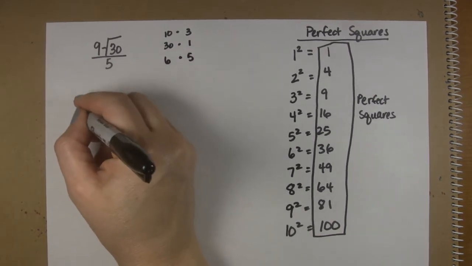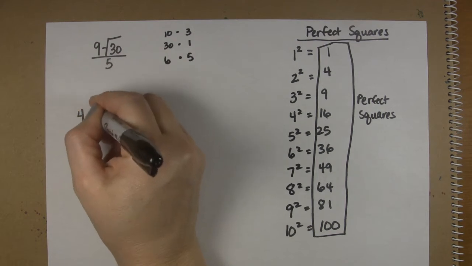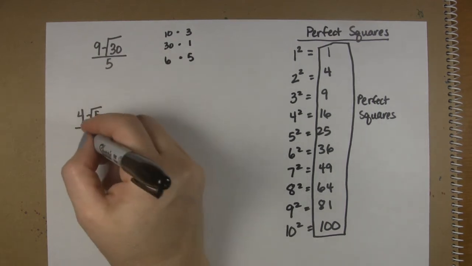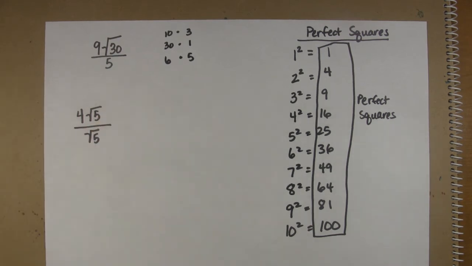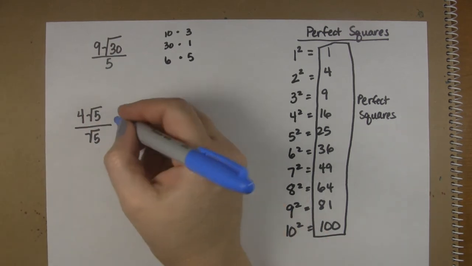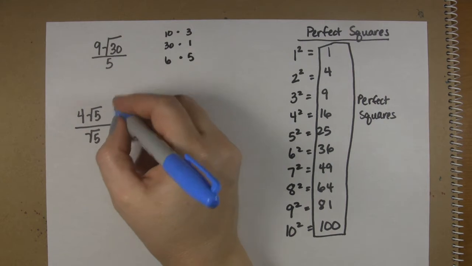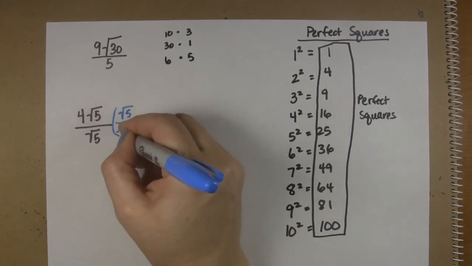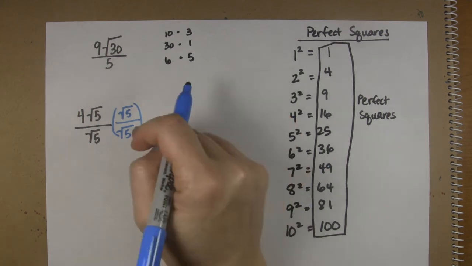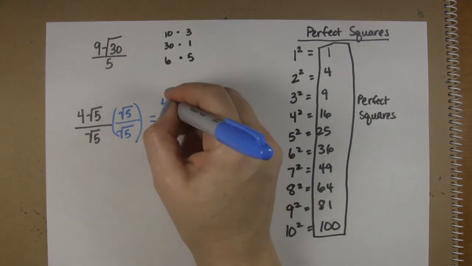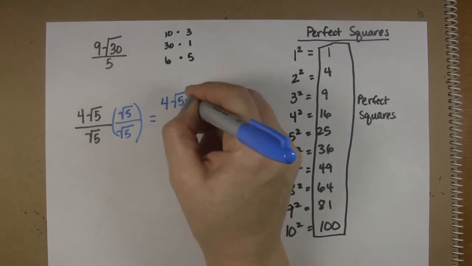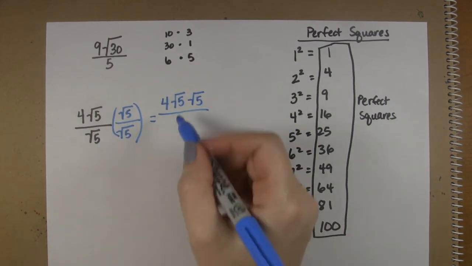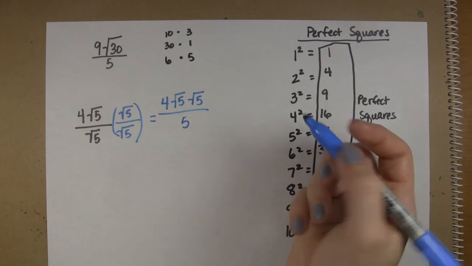Let's do 4 radical 5 over radical 5. Okay, let's do that. So there's a couple of things that you might do. You might multiply the numerator and the denominator by radical 5, and that would give you 4 radical 5 times radical 5 over radical 5 times radical 5, which is just plain old 5.